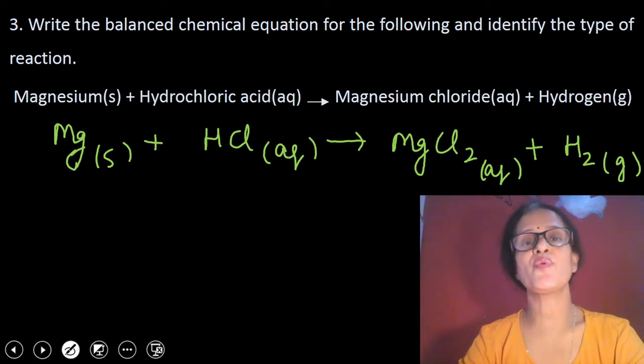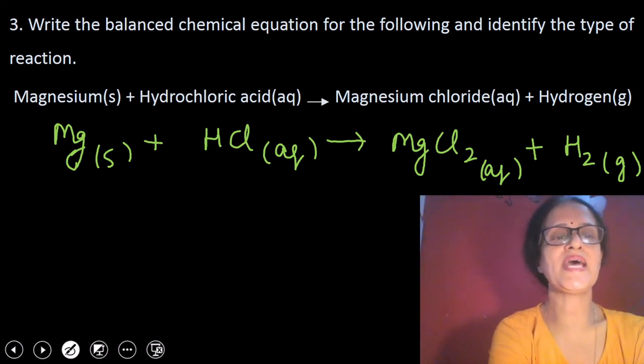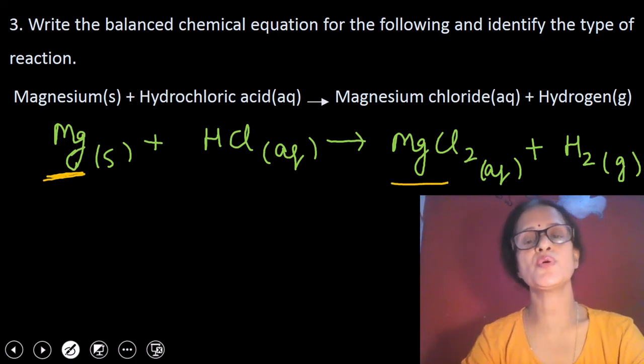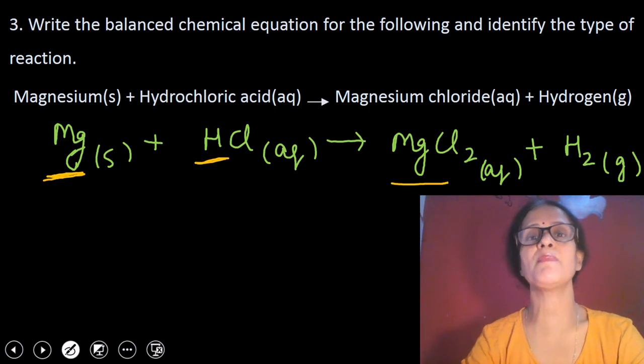A skeletal equation means we have written an unbalanced equation. Now we will check whether the reaction is balanced or not, because you have been asked to write a balanced chemical equation. So you can see here magnesium atoms are balanced on the reactant side and product side. Both sides you have 1 magnesium atom. If you look at the hydrogen atom, on the reactant side you have only 1 hydrogen, but on the product side you have 2 hydrogens.